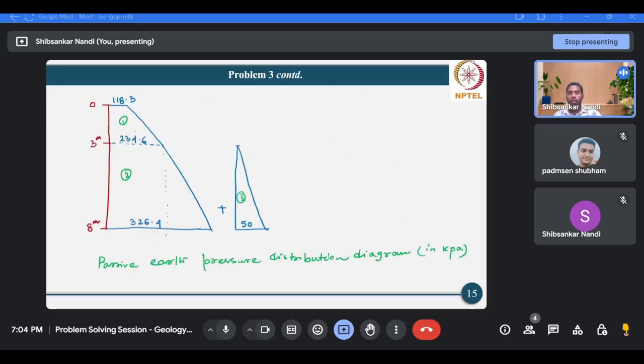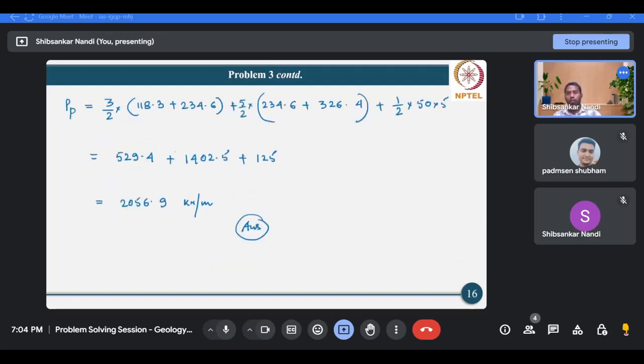You have to calculate the individual lever arms also, then take the products, sum them up and divide by the resultant. So this is all for problem 3.